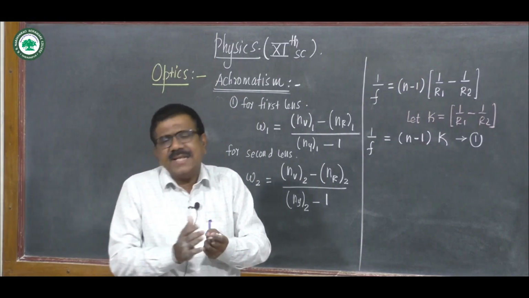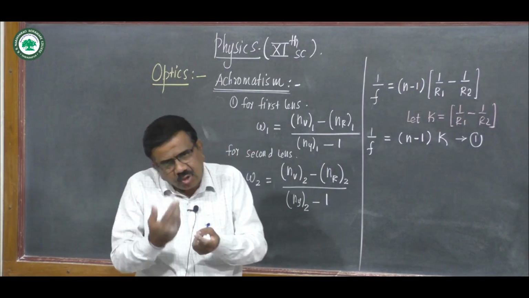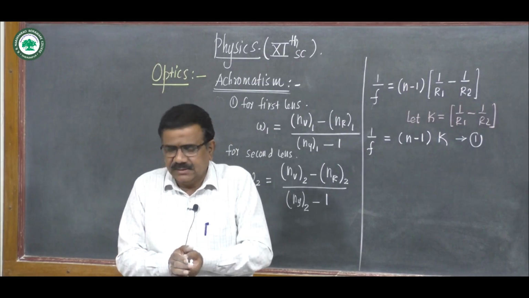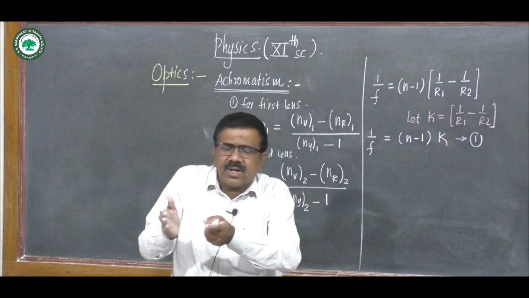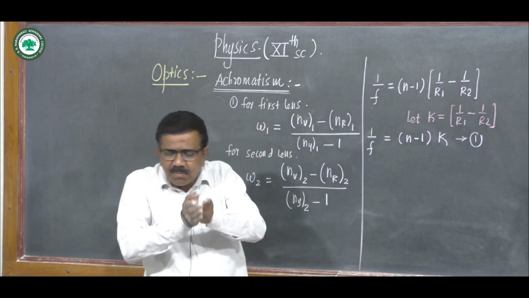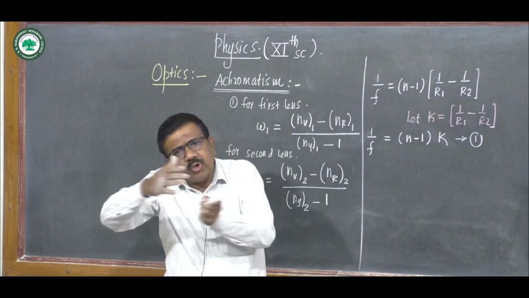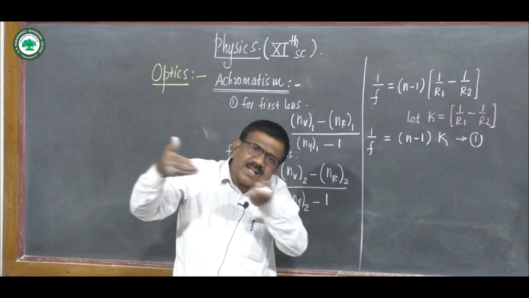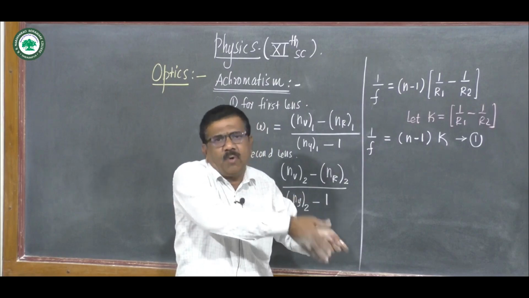For the combination to be achromatic, resultant focal length of combination must be same for both the colors, because all the colors come to focus at a single point.